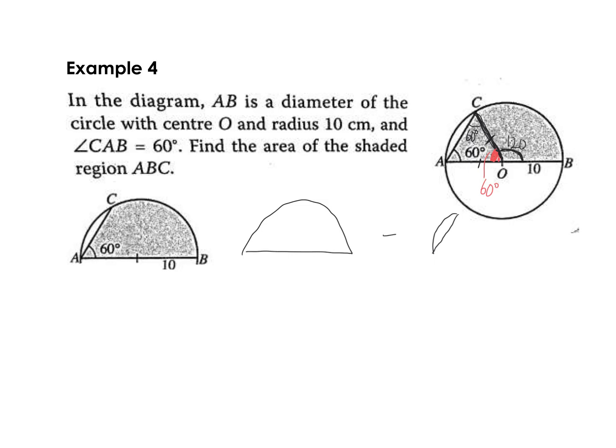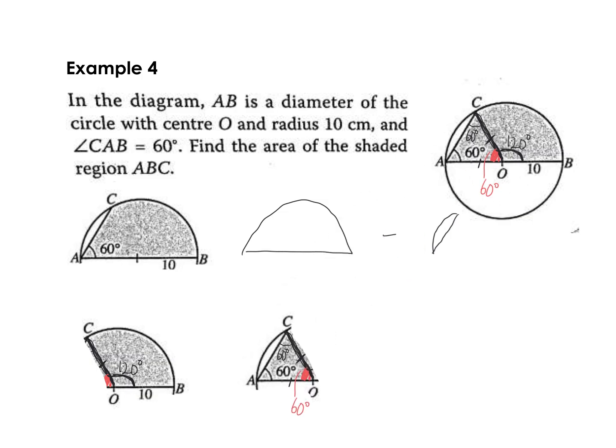So this is 120. So I can find this in 2 parts. So I find this one first, and then I add it to this triangle. So this is another way you can approach the problem. So I can plus this to the tiny part.